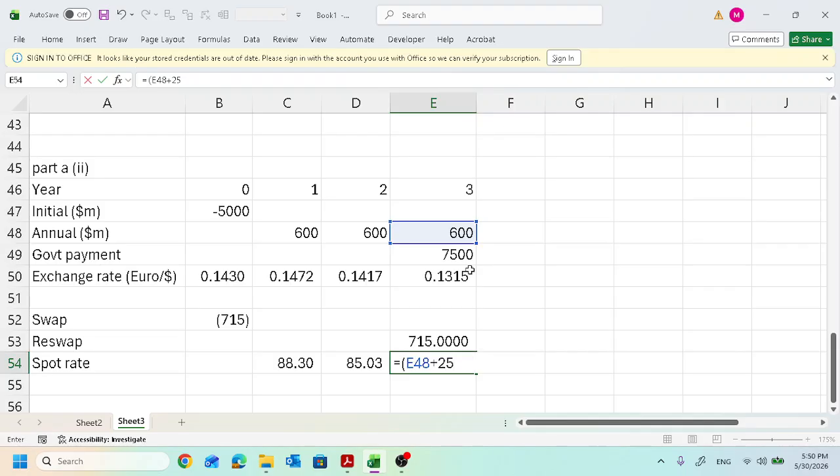Or you can even take it like this: what is the total you are earning? 600 plus 7,500 you are earning in the last year. Out of that, 5,000 was used in reswap. The balance is open for the exchange rate. So whatever the exchange rate available on that day, this is the exchange rate available. Correct?